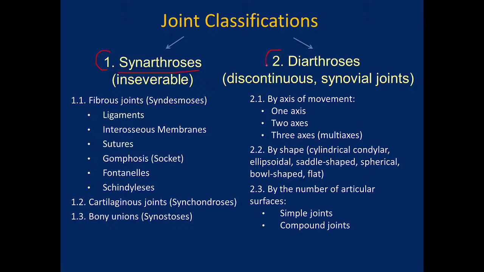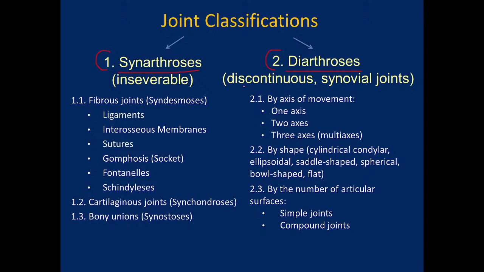The second group of joints are diarthrosis. This is a Greek term. Both of these terms, synarthrosis and diarthrosis, come from the Greek language.